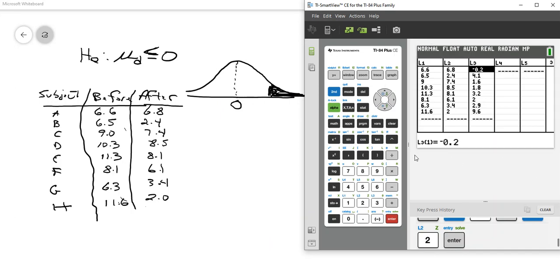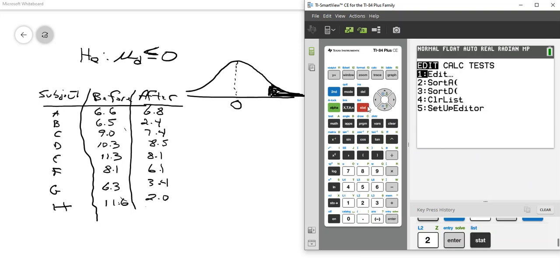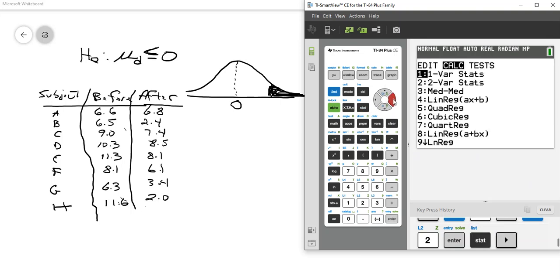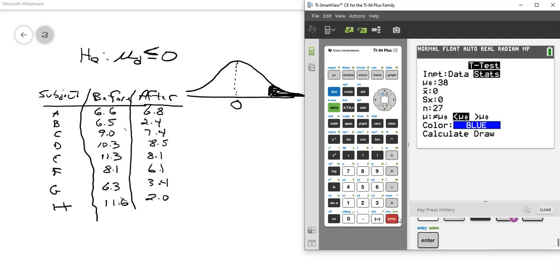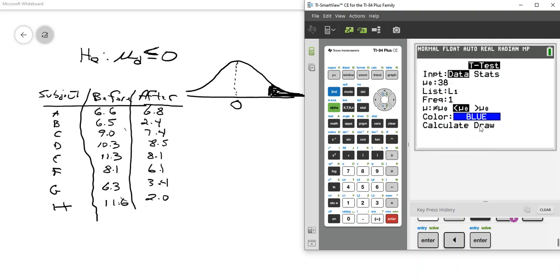So let's go to stat, test. We're going to run number 2, a one sample mean t-test. The data, I've got to put in the data. Well, it's in there already, right? Hit enter. Okay, where's the data at that we want? All right, the null hypothesis, first of all, is 0.